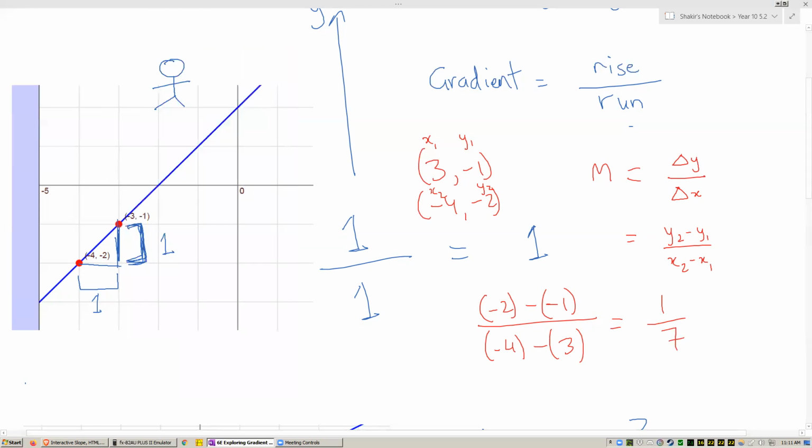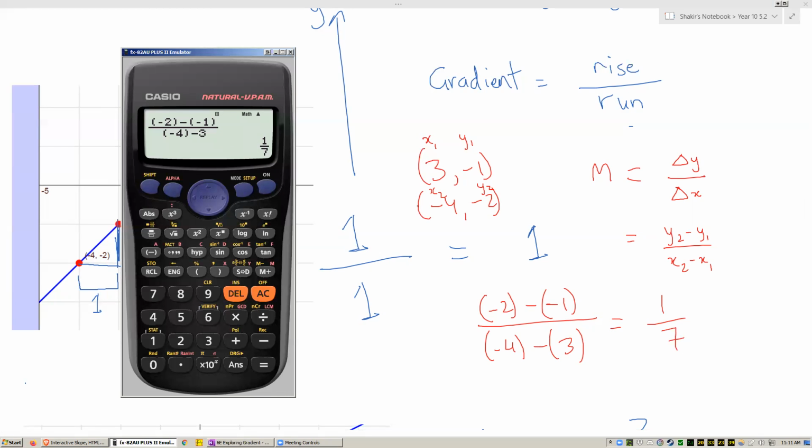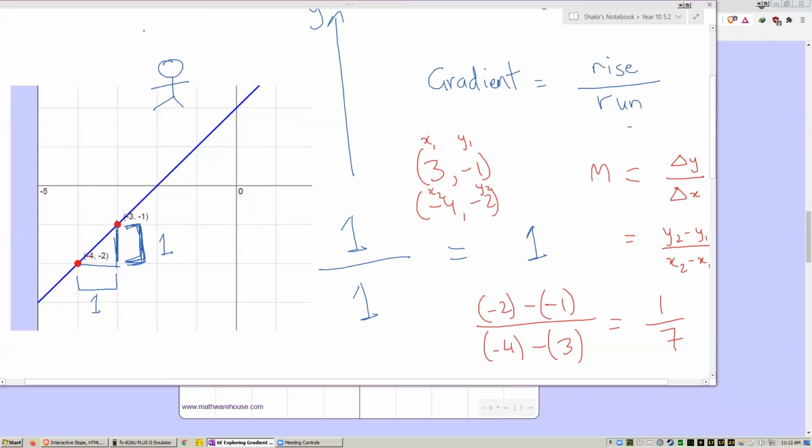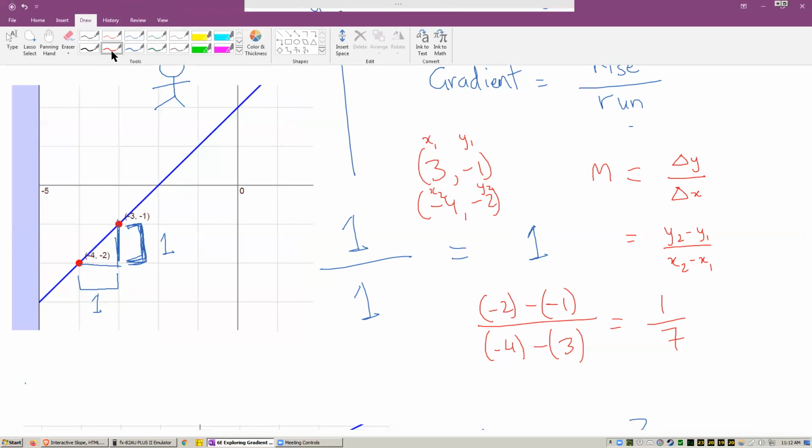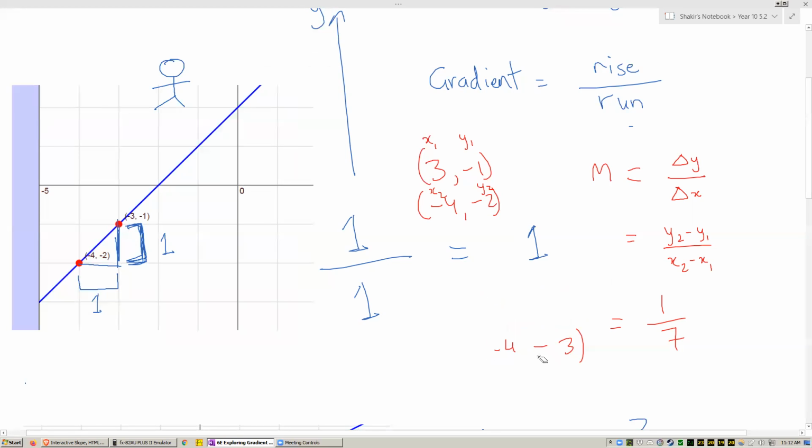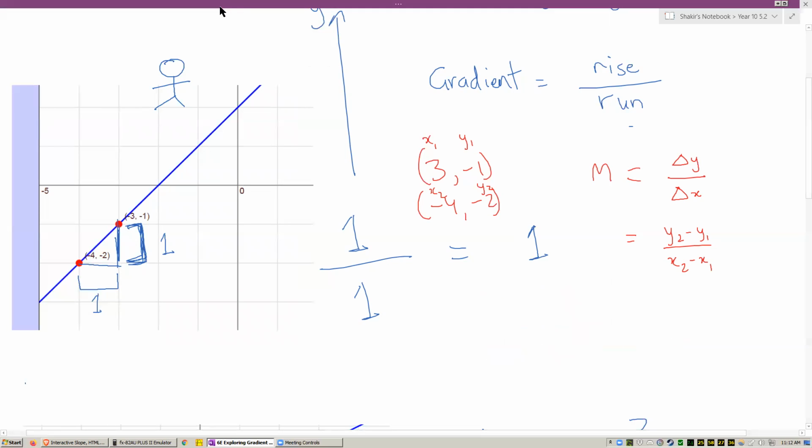It's supposed to be 1. What happened? Oh, I did X2 minus X1 stuff. Oh my God, I did the wrong thing. Okay, clearly I don't use the algebraic method often. I prefer the visual method. Anyway, let's do it again.